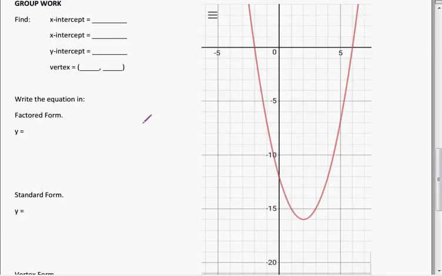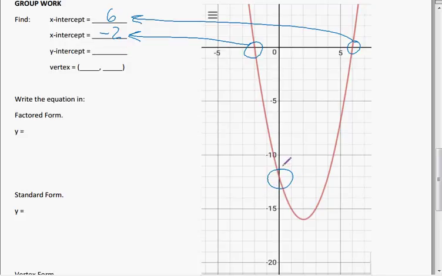All right, my x-intercepts are 6 and -2. My y-intercept is -12.